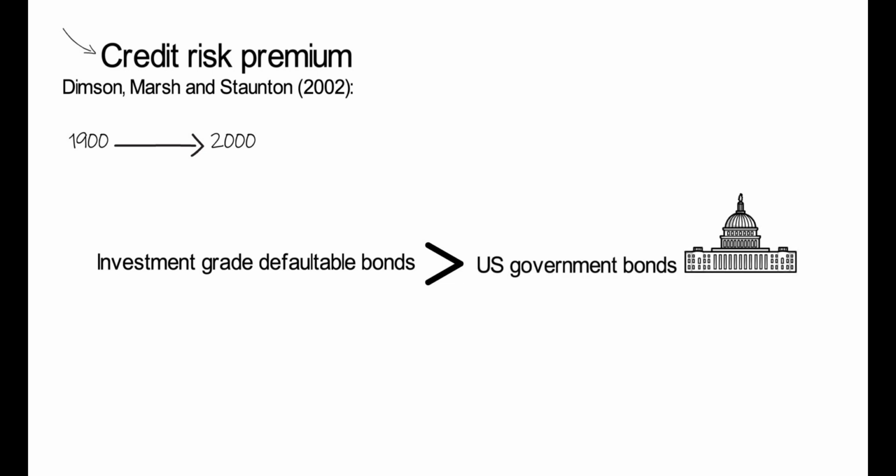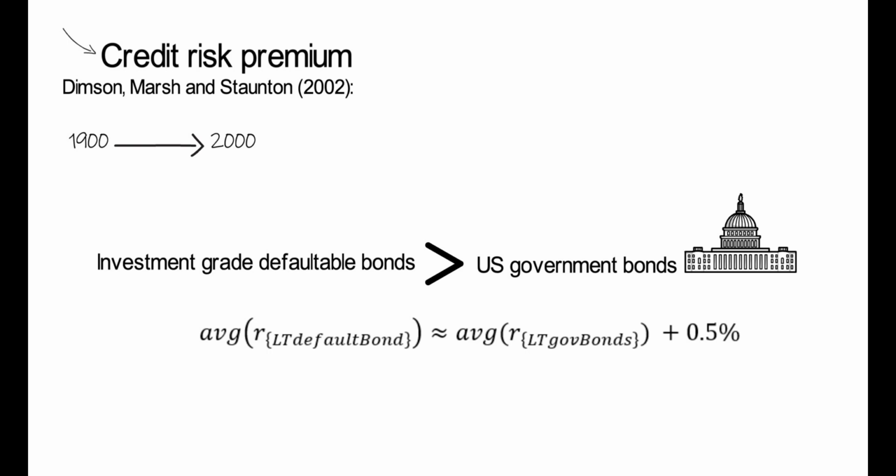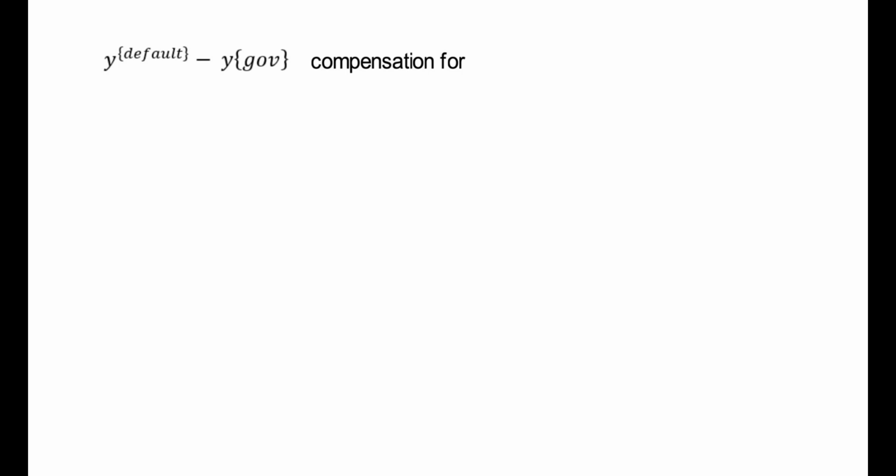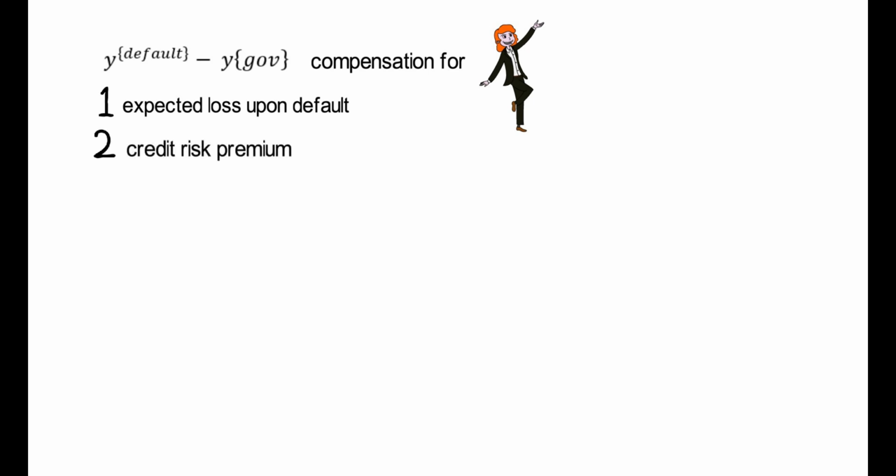The margin has been roughly 0.2 to 0.5% per year. Now, in general, the spread between yields of defaultable and non-defaultable bonds compensates the investor for the expected loss due to default or downgrade and for a credit risk premium.